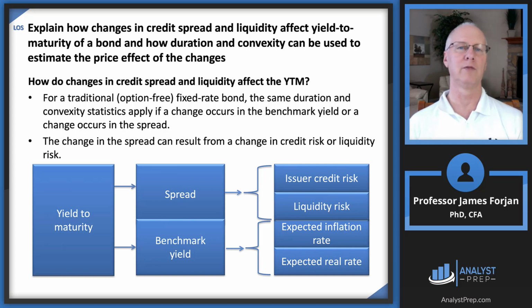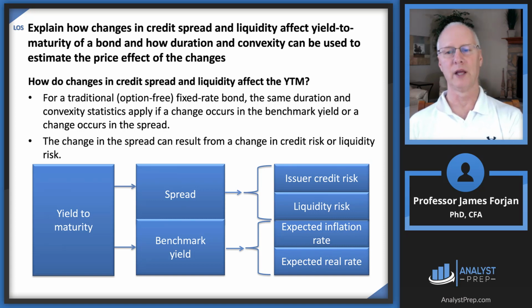So what are the elements inside of that spread? Spreads are going to widen for greater credit risk, greater liquidity risk, greater levels of inflation, and greater real interest rates. All right, so remember that right-hand side of the boxes, that's important.